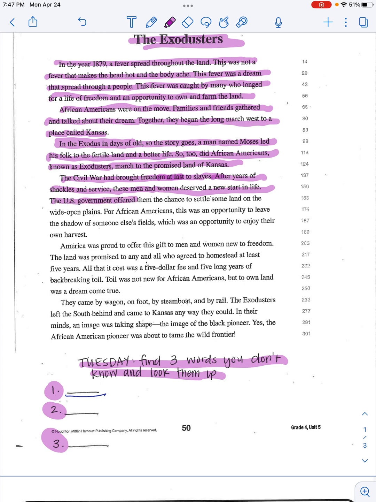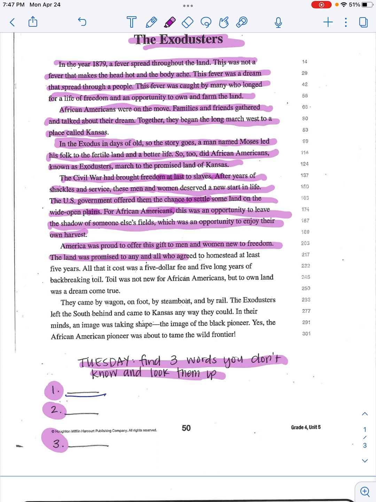The U.S. government offered them the chance to settle some land on wide open plains. For African Americans, this was an opportunity to leave the shadow of someone else's fields, an opportunity to enjoy their own harvest. America was poised to offer this gift to men and women new to freedom.